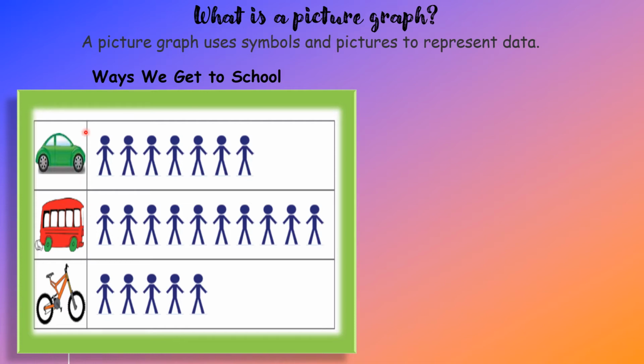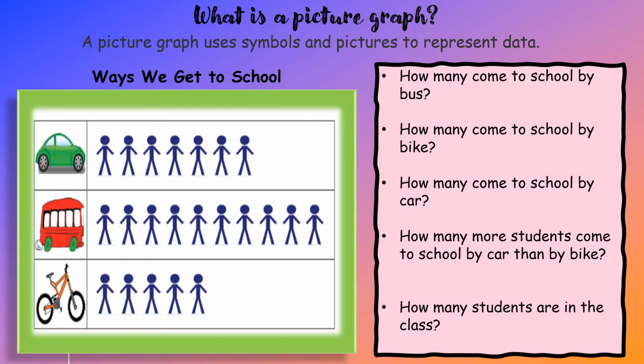So if you look, the title of our graph is Ways We Get to School. And there are three ways that we get to school: by car, by bus, and by bike. So let's look at a few questions to help us understand the information a little better.